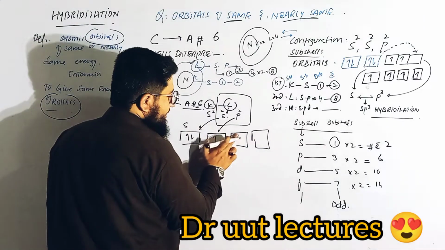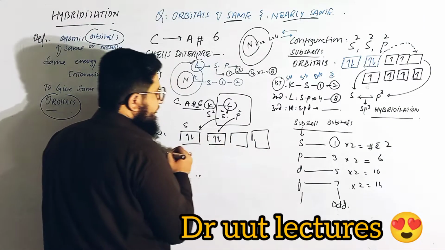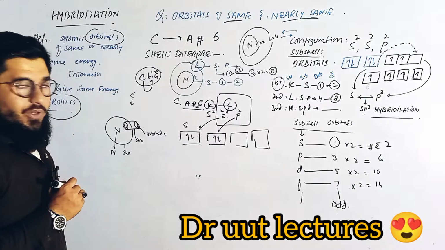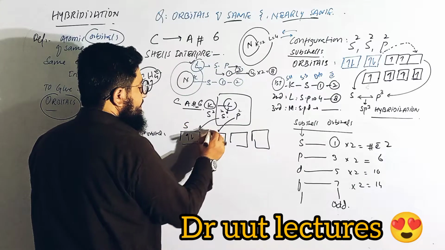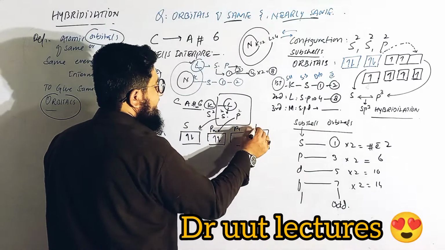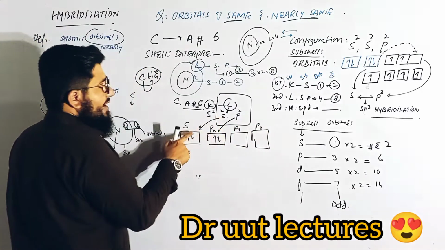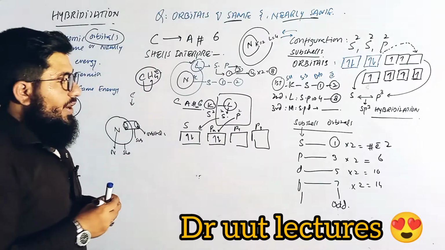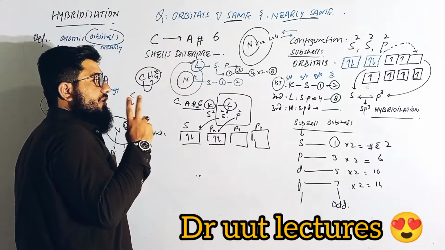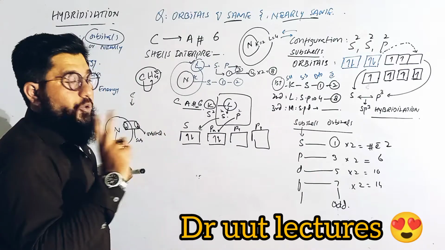For now, just consider that in one there can be 2 electrons. So in the case of carbon, our 1s is there, px is there, py is there, pz is there. In the s we have 1 orbital, in the p we have 3 orbitals, and in each orbital there is a place for 2 electrons.